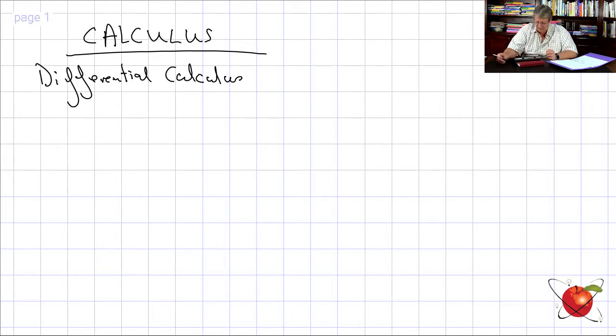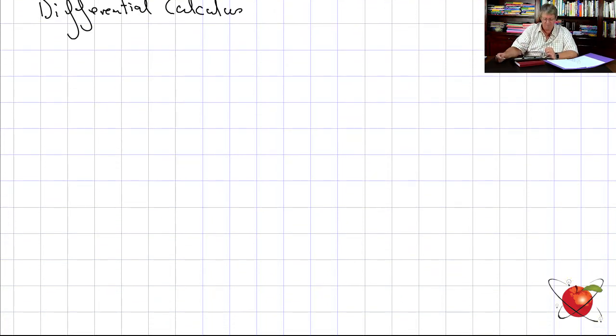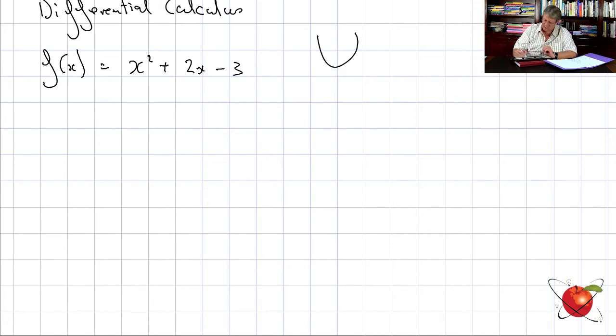Okay, so first of all, we're going to recap something. If I give you f of x equal to x squared plus 2x minus 3, you know that that's a parabola pointing that way, and you know that it cuts the y-axis at minus 3.